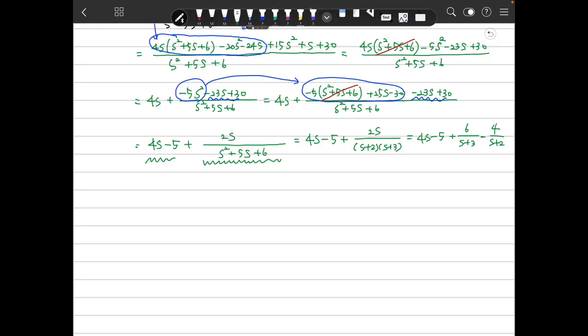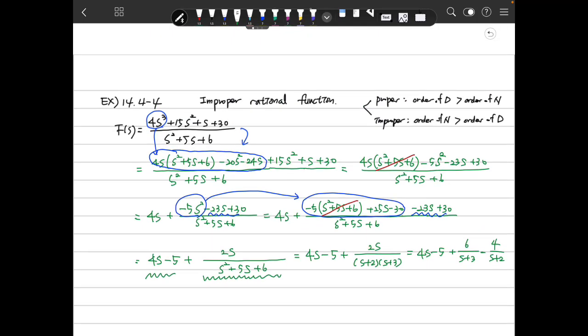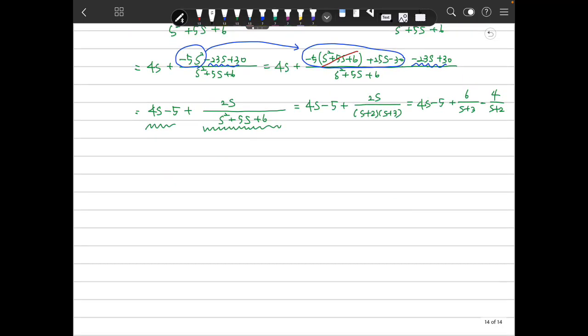You can do that by yourself. So we rewrite F(s) here, and here we can use a good property. What's that?